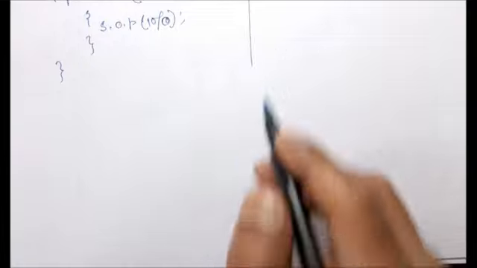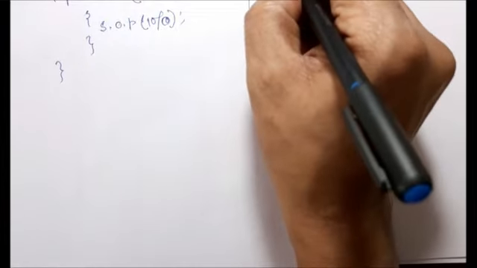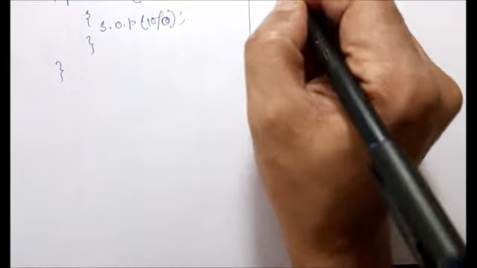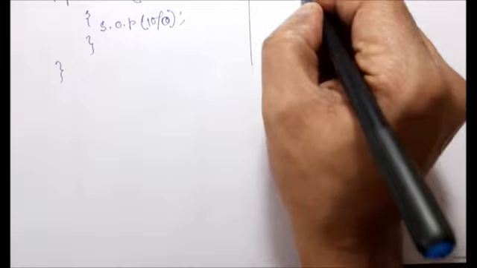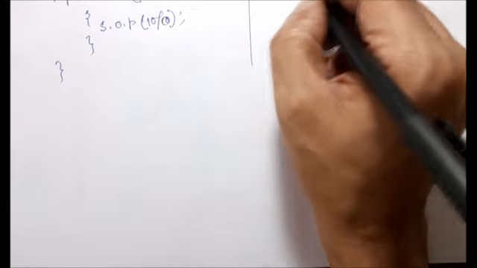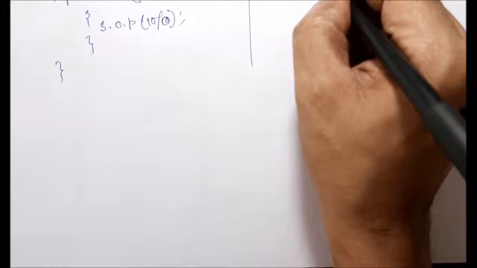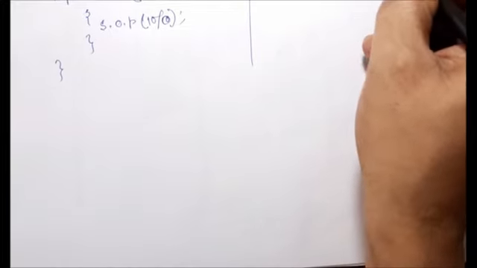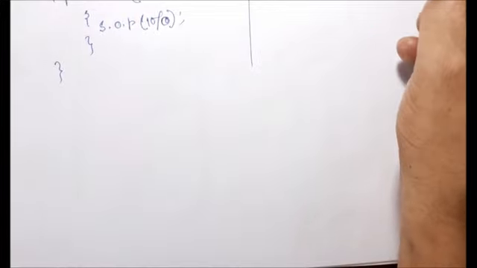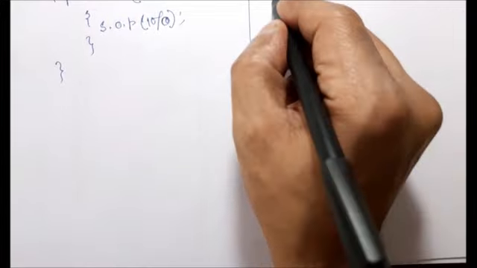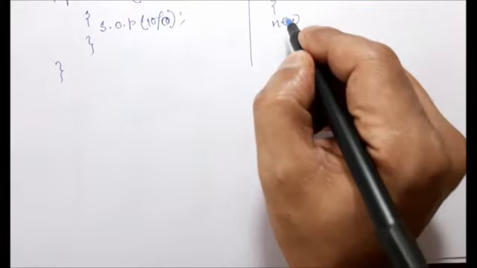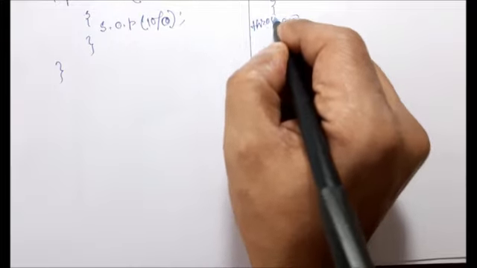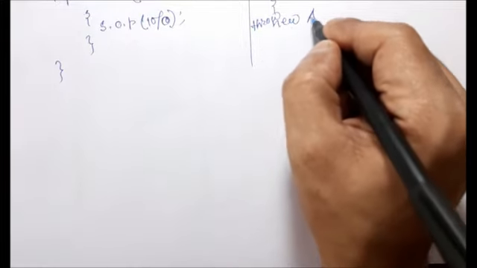Similarly, if I want to create my own exception, I am taking the same example so that you can get it more clearly. Class Test, public static void main String args. Within that I have to write new, but before new we have to write throw. So throw new ArithmeticException.